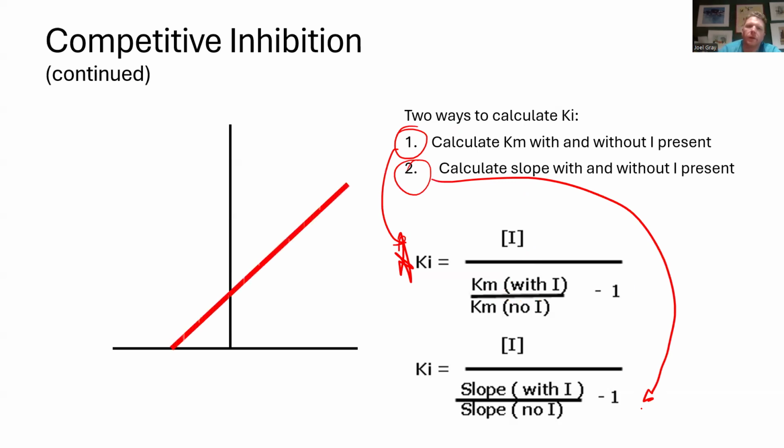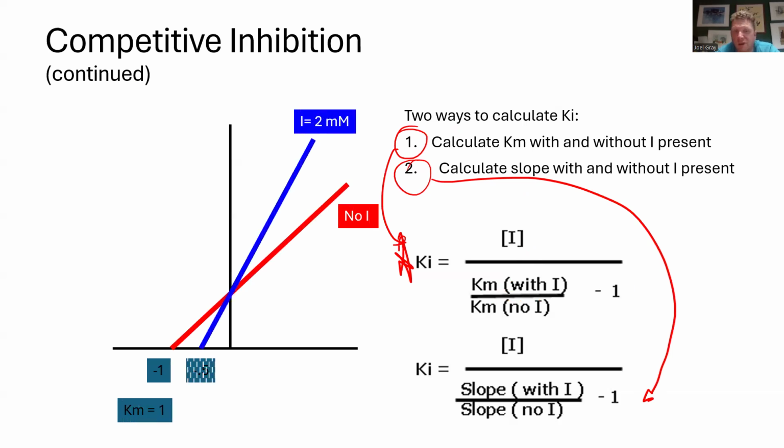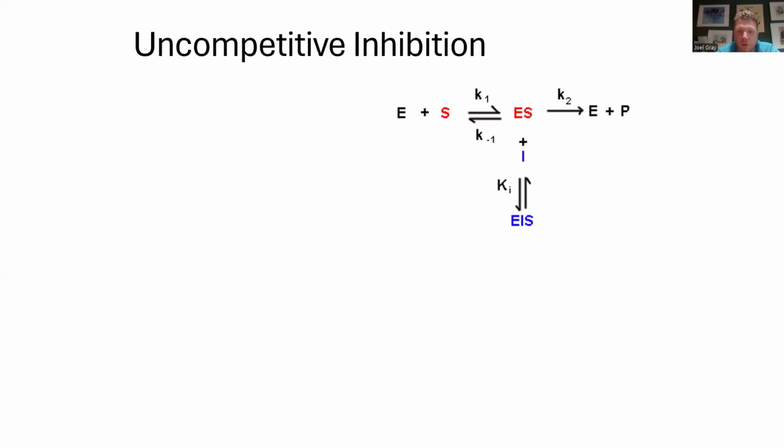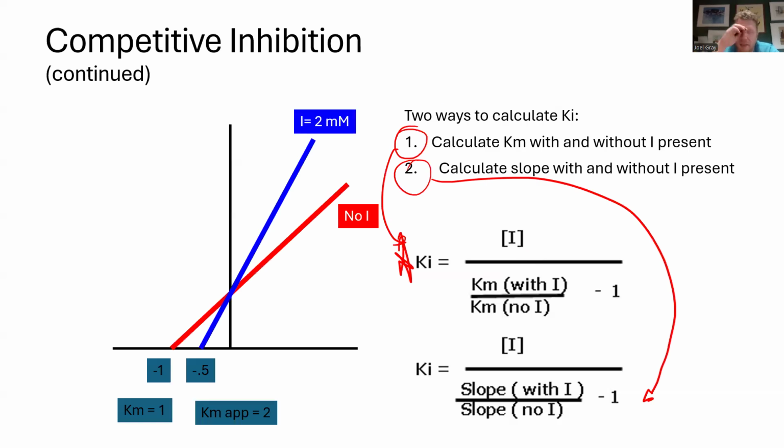And that's right here. Effectively, this gives you a way to measure the affinity that your enzyme has for that inhibitor. Just like a Km, the lower the value, the greater the affinity.